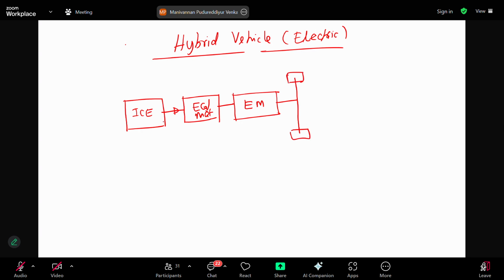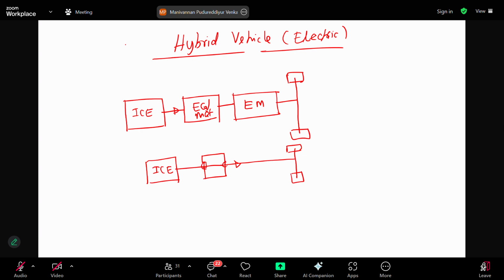So again, parallel hybrid means, as we already know, that you have an IC engine which may be driving the wheels, and you have an electric motor, EM.